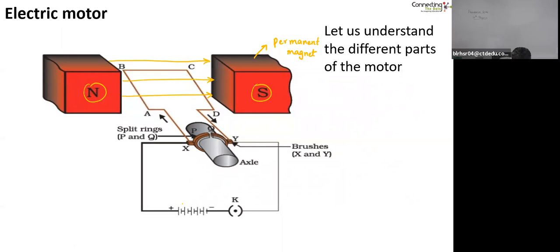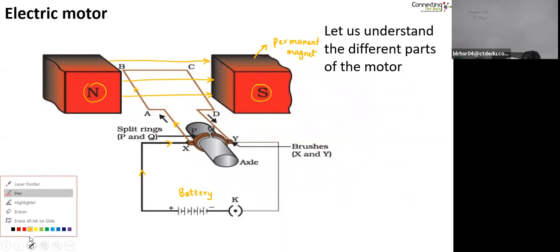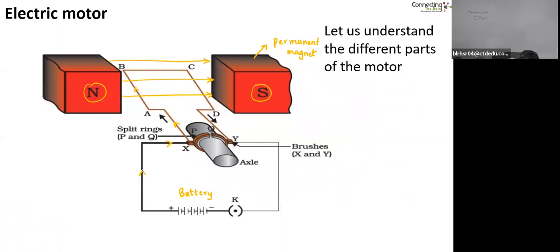And you can see that by using these batteries, we have caused an electric current to flow through the copper coil. So let me draw the electric current with a different color. So the electric current flows in this direction and comes out.